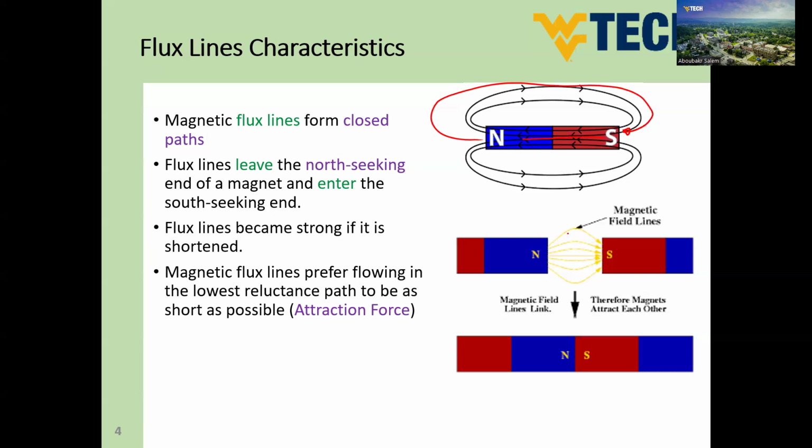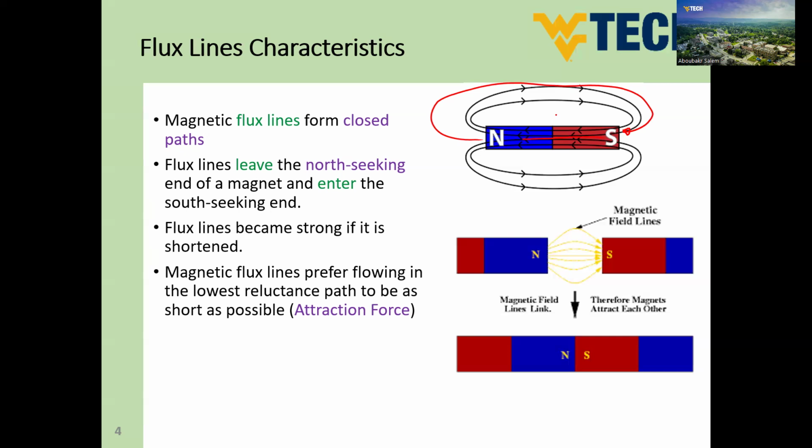What will happen if we have a separation between the two poles? So here are two poles connected together, or this can be just one permanent magnet composed of N and S, as you can see. What will happen if you cut or break this permanent magnet? Actually, it will become two separate permanent magnets.